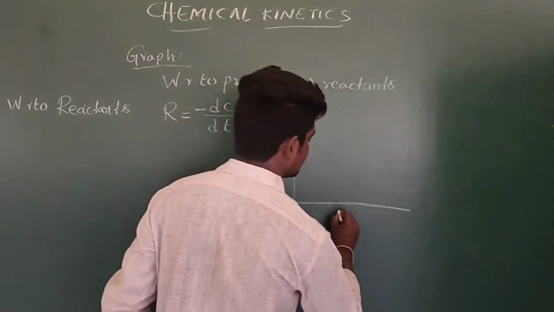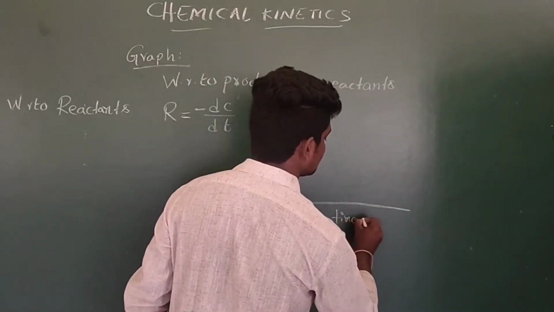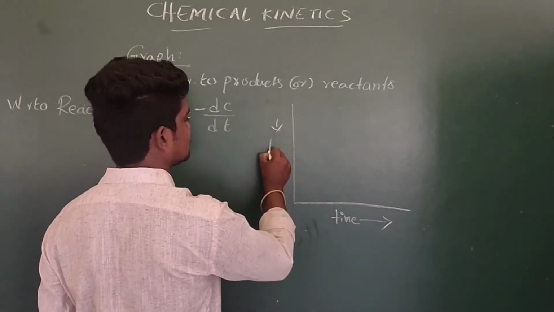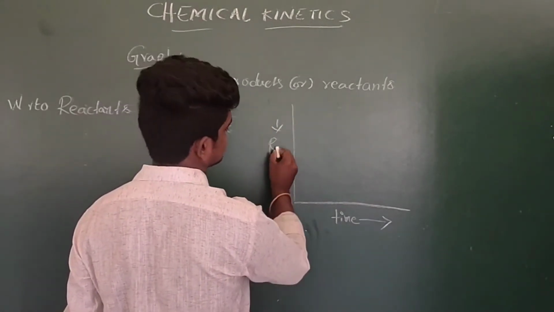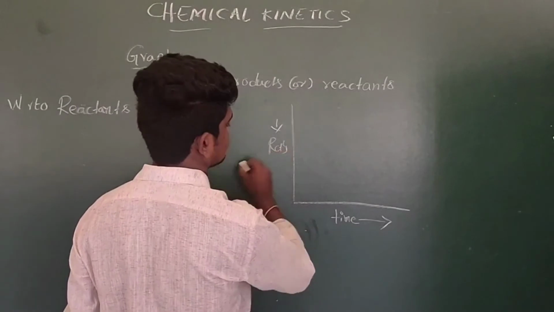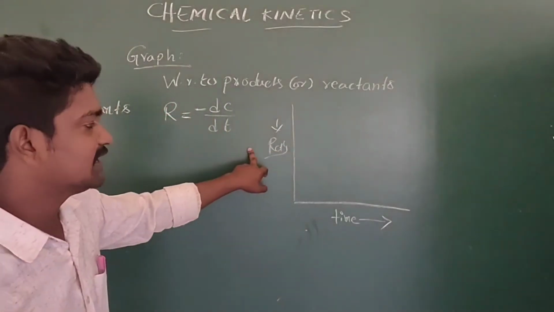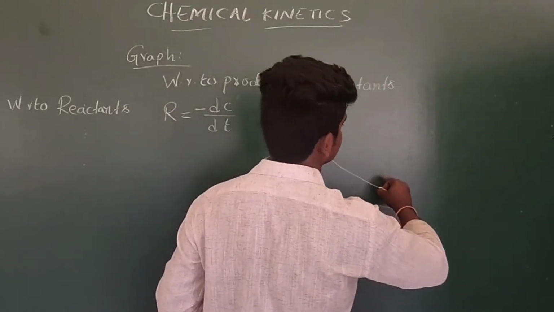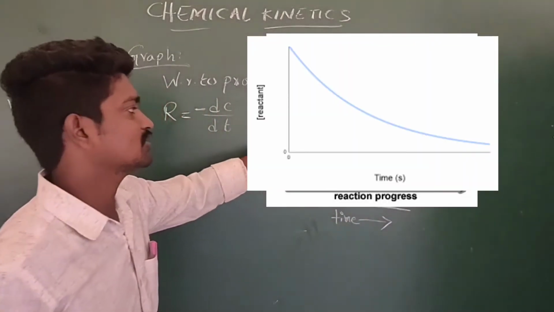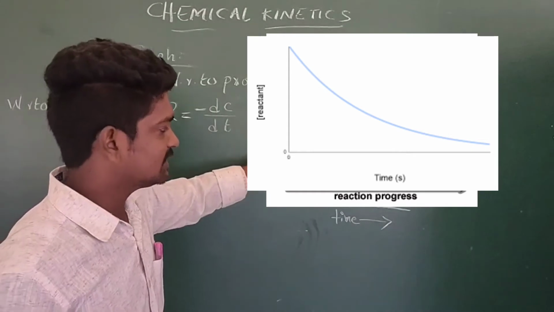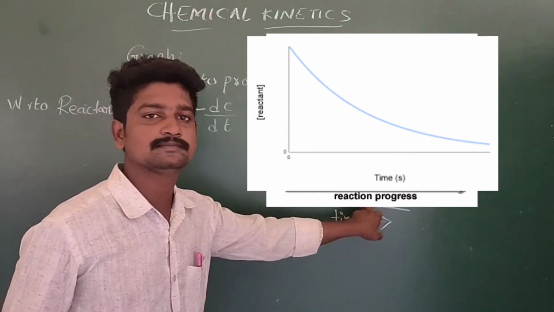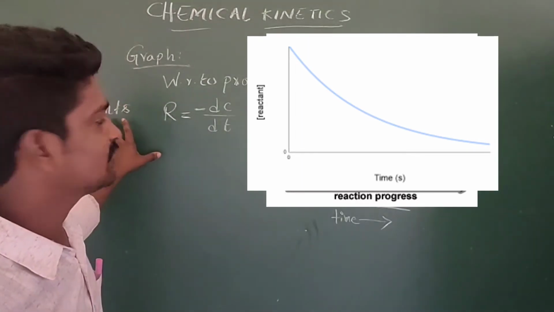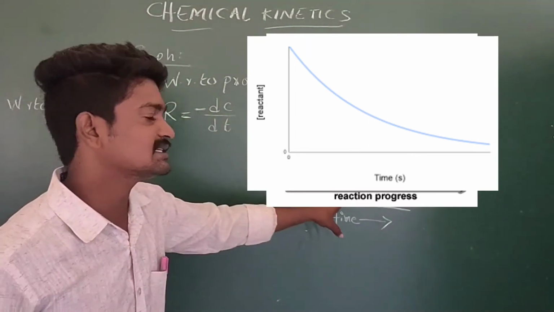This is the time interval and this is the decrease in reactants. The graph decreases from up to down, so the concentration of reactants is decreasing.